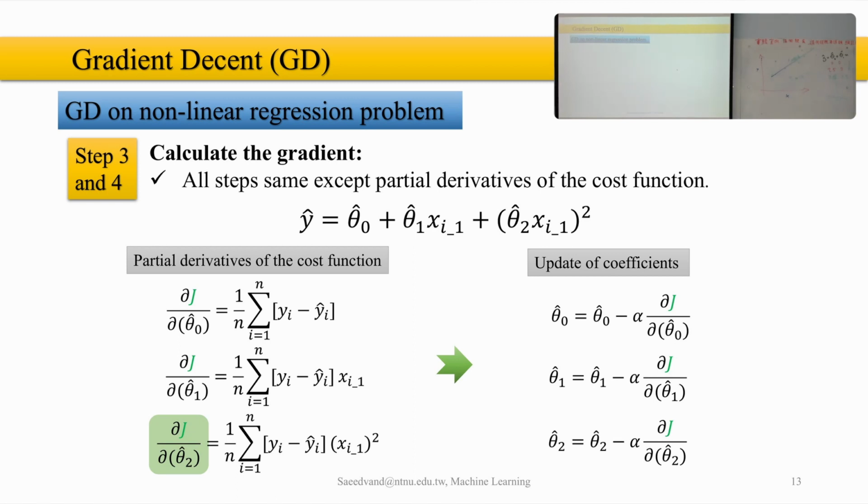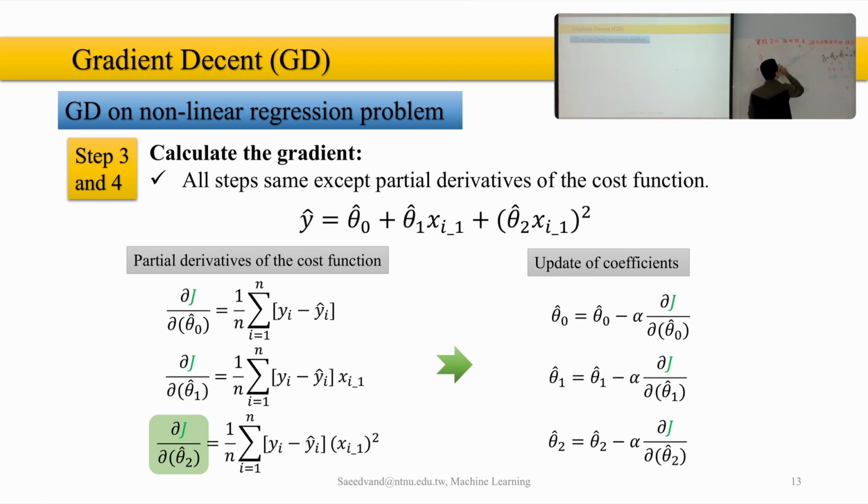Now the question is, what if we have a nonlinear model? Instead of a linear model, we have a nonlinear model. It means that I have one more degree here. How were we working with that? We said that we can add theta hat 2 times x squared. This makes the model nonlinear, and it gives you a curve instead of this line.